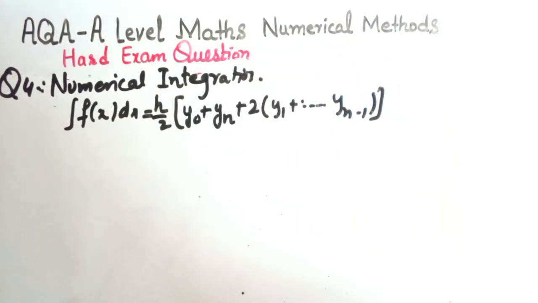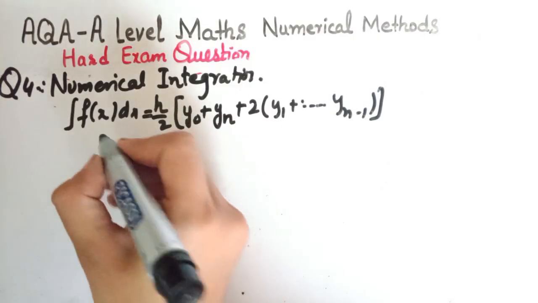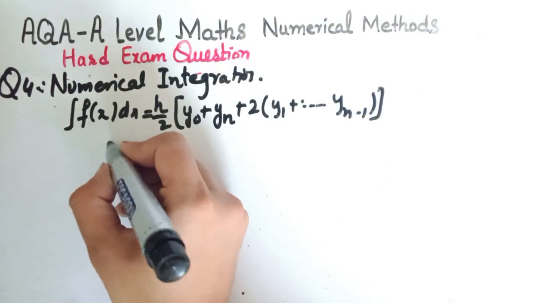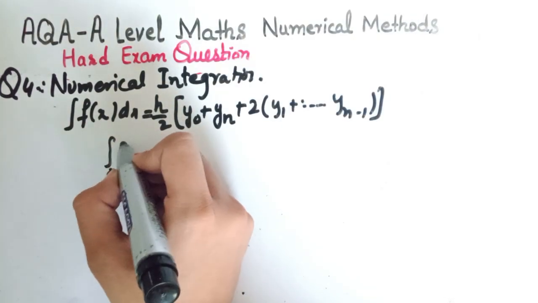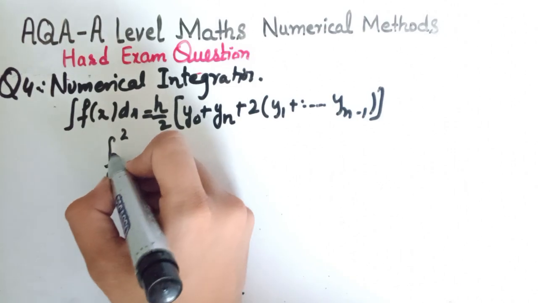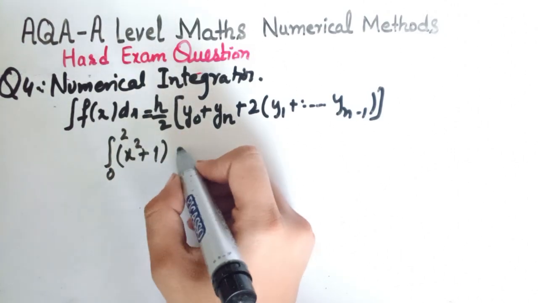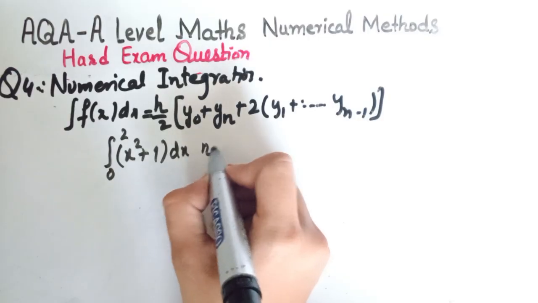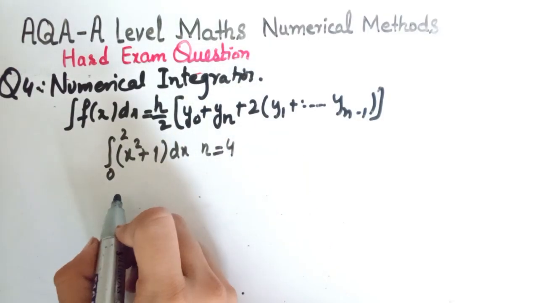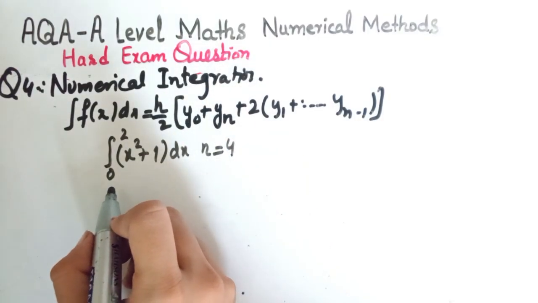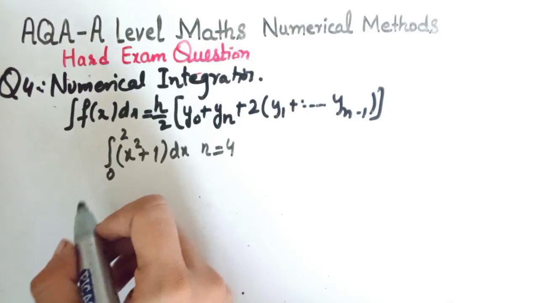Then we have the question: integrate from 0 to 2 the function x squared plus 1 dx, and the value of n equals 4. So 4 strips. How will we solve this?